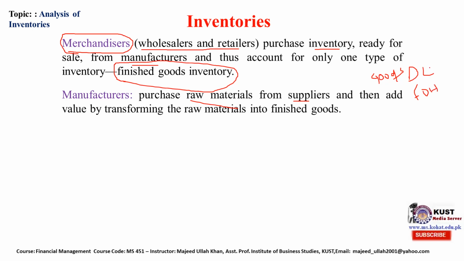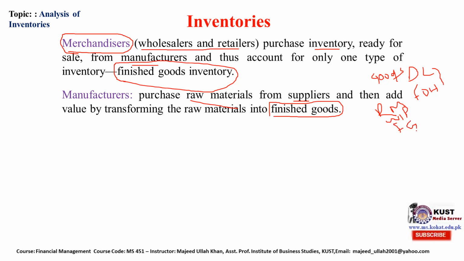These two costs are added to the raw material, which is then converted into finished goods inventory. So a manufacturer will have three types of inventory: raw material, work in process inventory, and finished goods inventory.